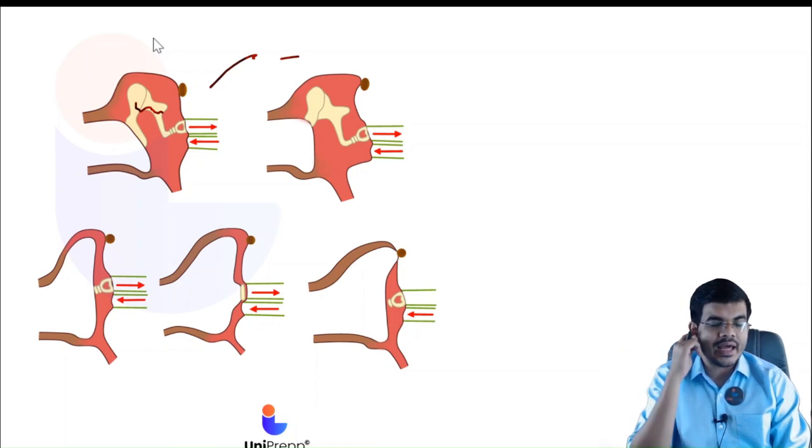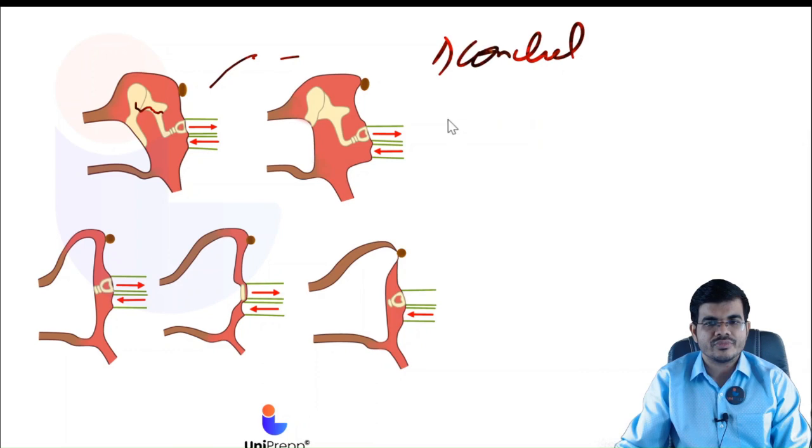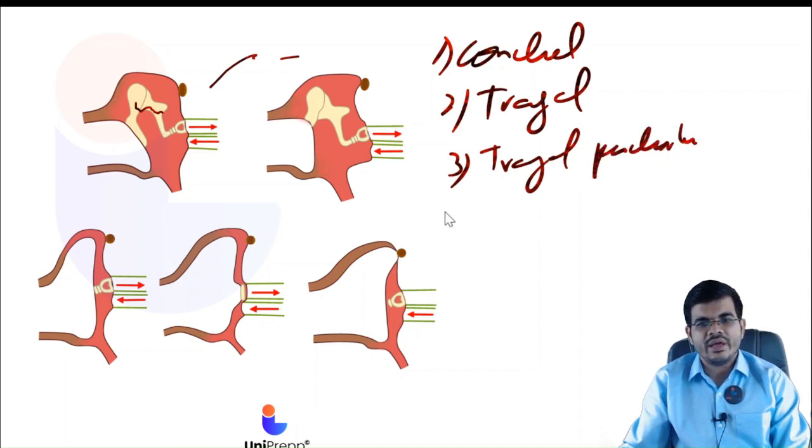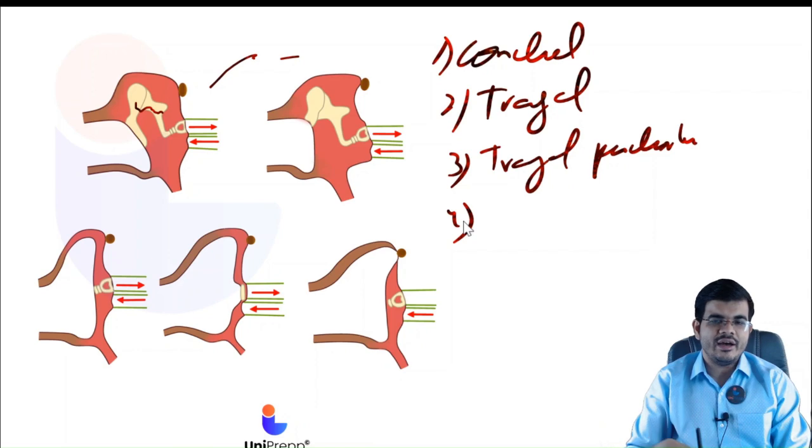You can use a tragal perichondrium, or even the tragus itself, the cartilage can be used, or conchal cartilage can be used. So the various grafts used are conchal cartilage, tragal cartilage, tragal perichondrium. Then you can use fascia lata.